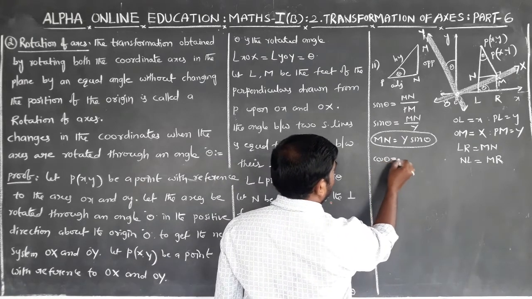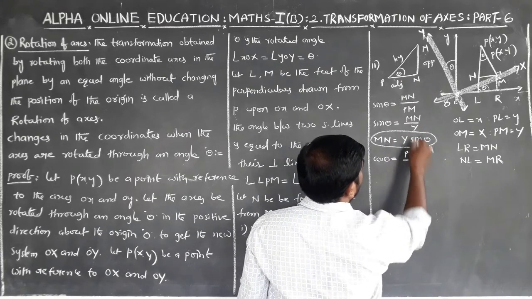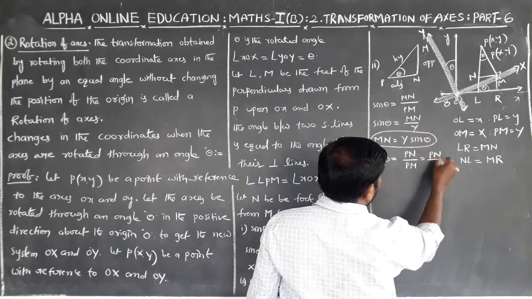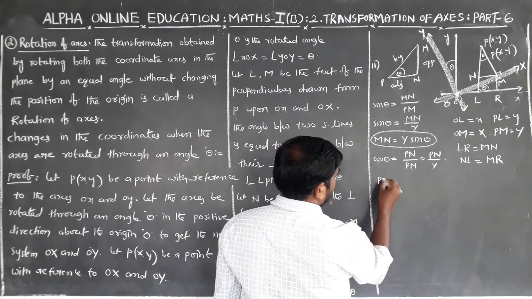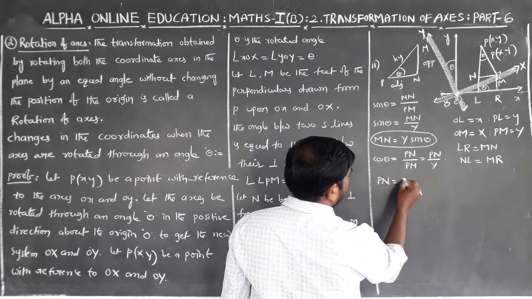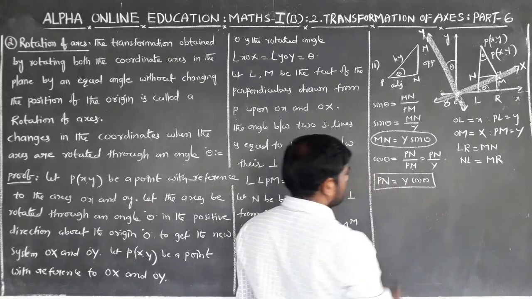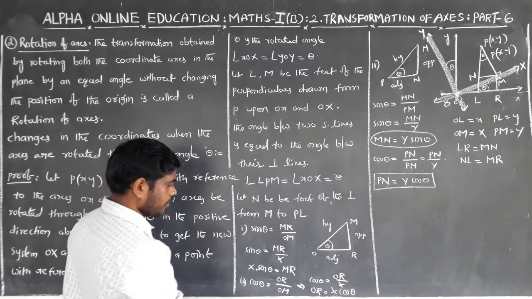Second one is cos theta. Cos theta is equal to PN by PM, which is capital Y. Therefore, PN is equal to capital Y cos theta.